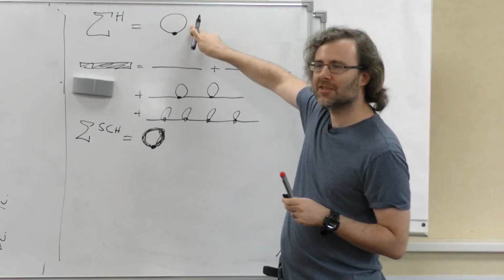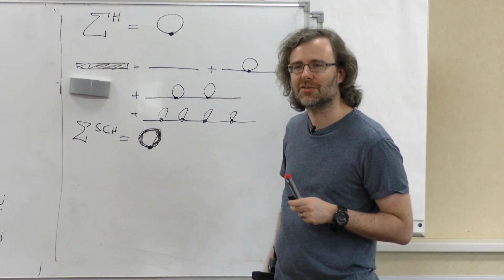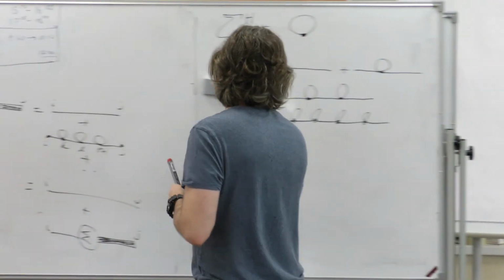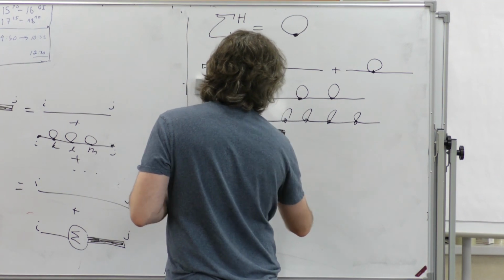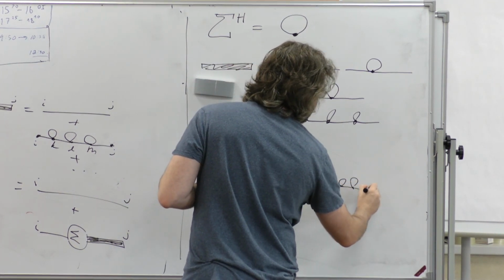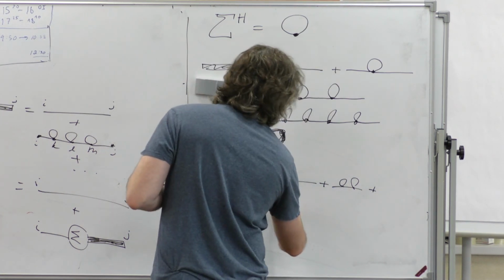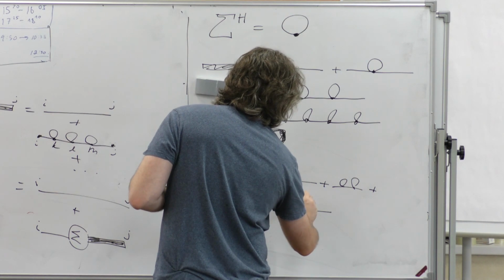Instead of using the bare Green's function, the non-interacting Green's function, I'm using a full Green's function. So what this is going to give me is everything I get from the previous expansion, but I will also get things like this.